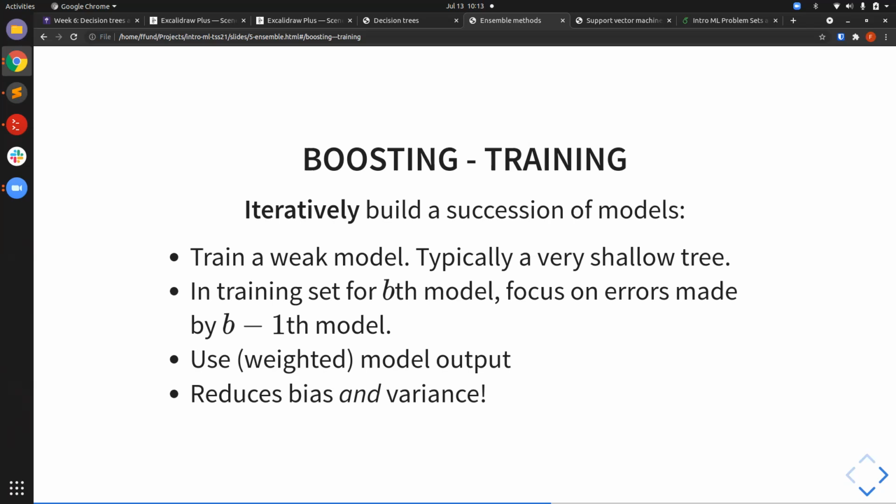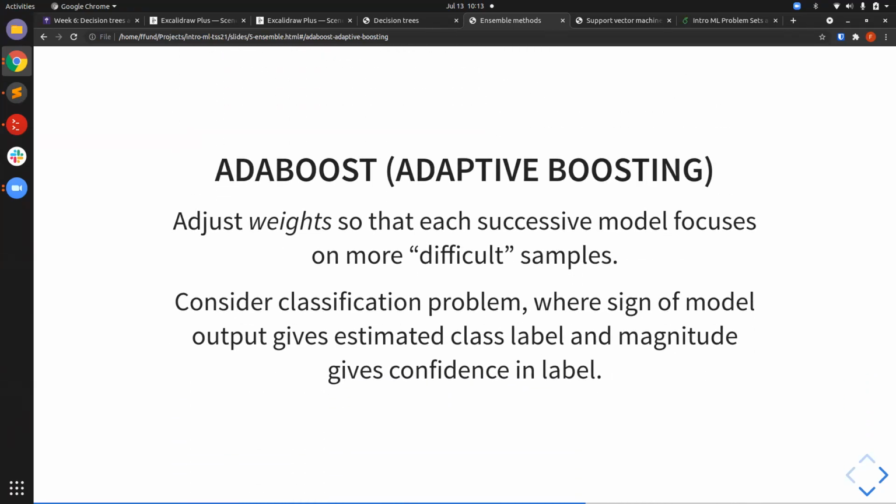And in each stage, we're going to adjust weights so that the next tree will focus on the more difficult samples. What does that mean? Well, if in iteration 1, I made a mistake on samples 5 and 6, then in the next stage, in iteration 2, samples 5 and 6 will have higher weights, which means that they'll be more important in the error function, and the classifier is going to be more likely to focus on them and predict them correctly.